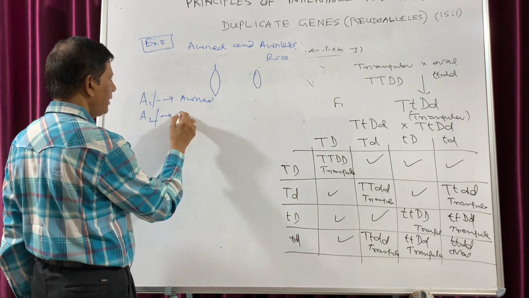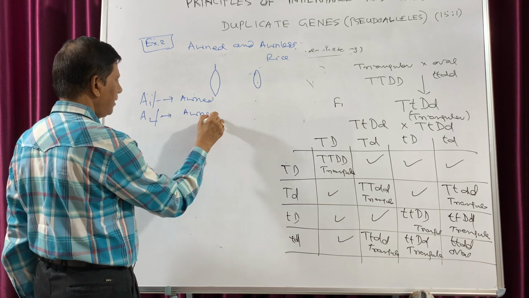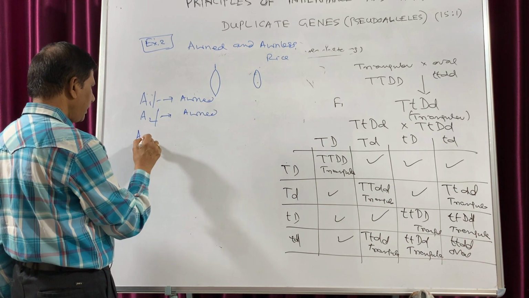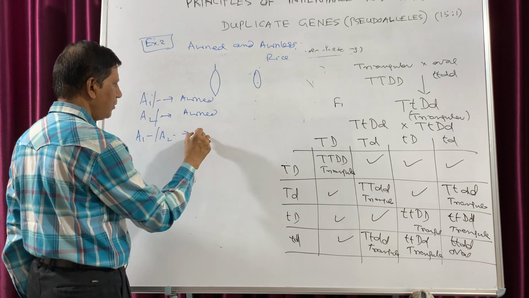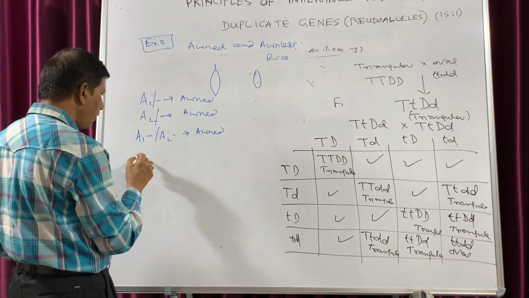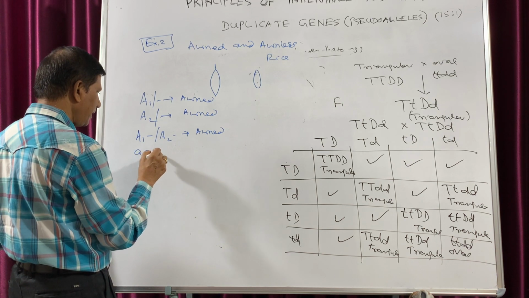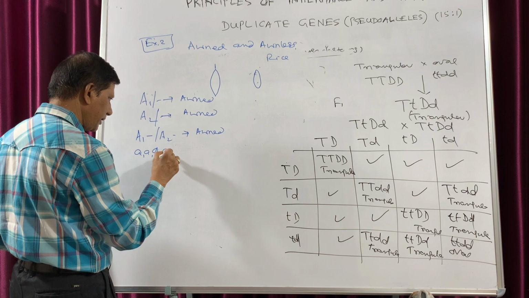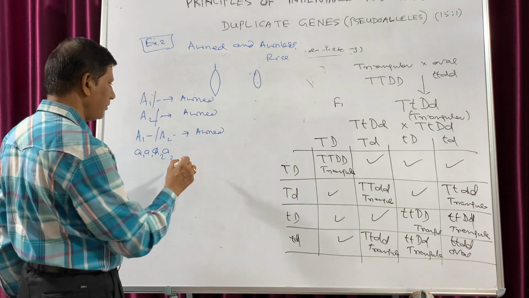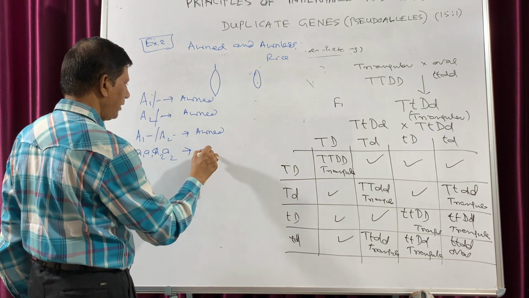It also gives rise to the awned character. And if both A1 and A2 are present, it will also give rise to the awned character. Only when all are present in the homozygous recessive form, then only it will be awnless.